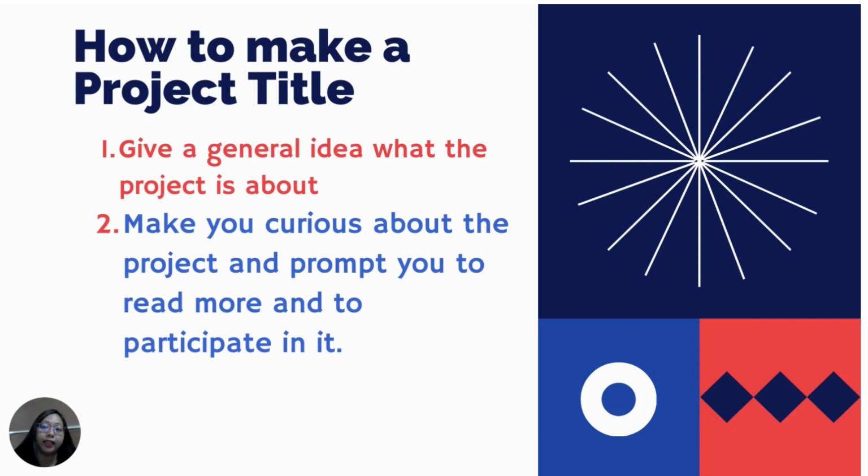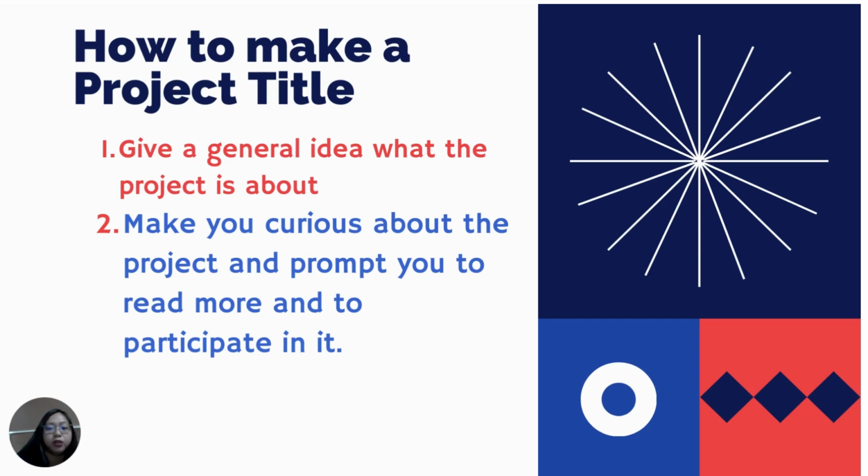Before constructing your title, first identify what project is possible in your area, which is very low cost and involves fewer individuals, and make sure that the project implemented is necessary in one's community. Once you have decided what project to implement, give a general idea of what the project is about.